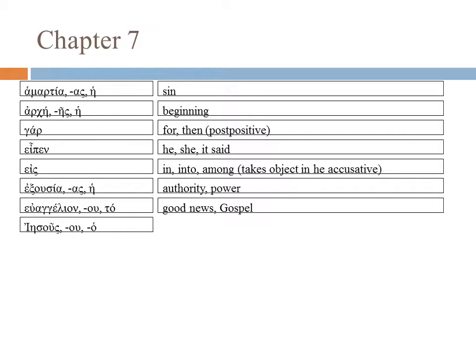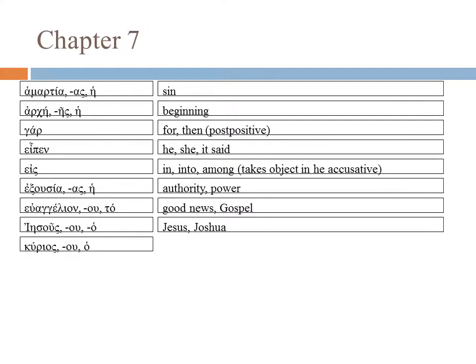Iesous. This is the second declension, masculine, and of course, Jesus. And the word is Jesus, but it comes from Joshua. So Jesus is Joshua, the Savior.